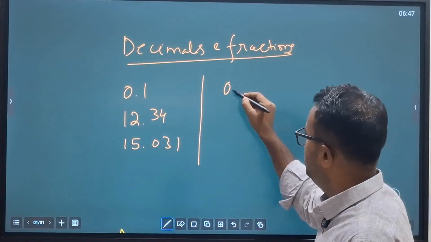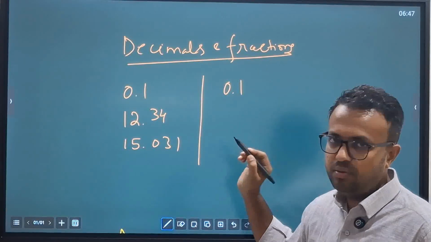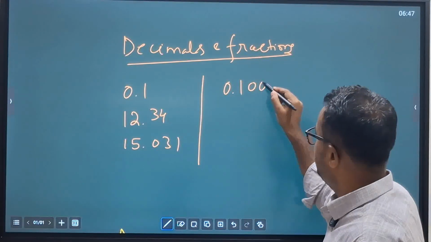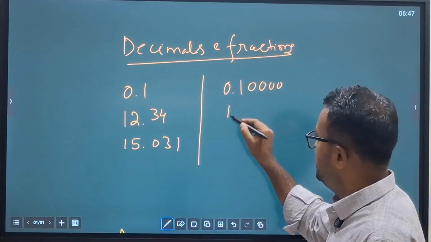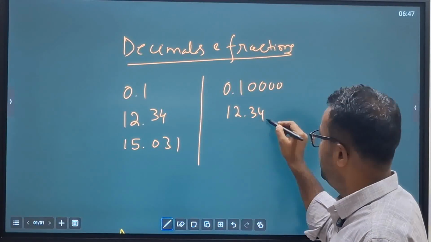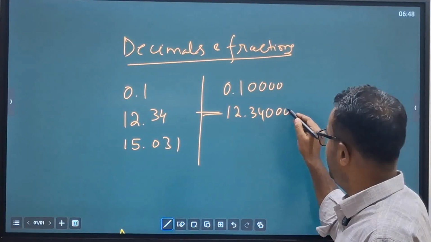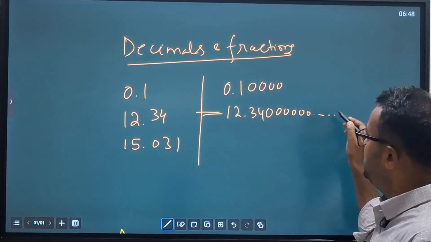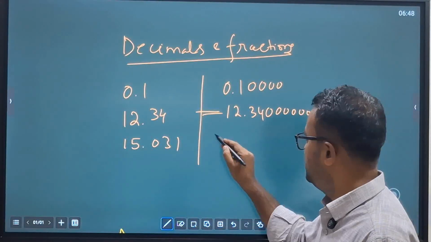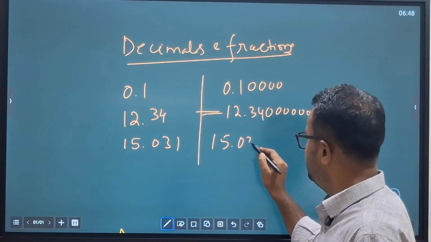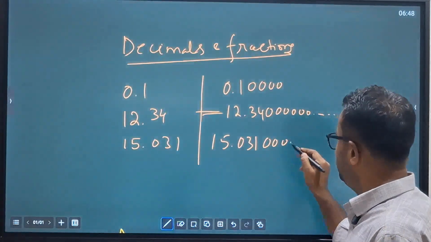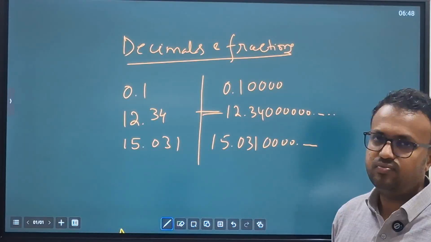Say 0.1. After the point, when you have the number, you can have any number of zeros. 12.34 is the same as 12.34 followed by any number of zeros. I can add any number of zeros, it doesn't matter. 15.031, I can have any number of zeros, not an issue.